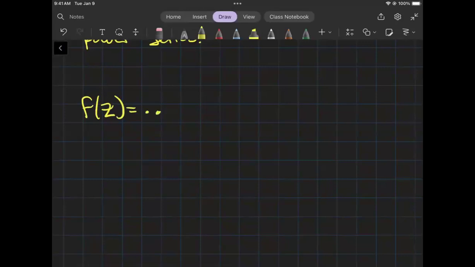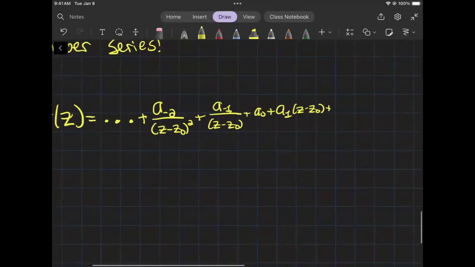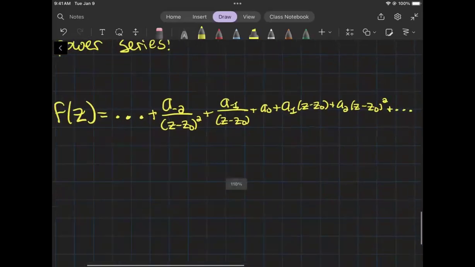So you're going to express a series as infinite powers of exponents. So I'm going to write out the series like this: ... plus a_{-2}/(z - z naught)^2 plus a_{-1}/(z - z naught) plus a0 plus a1(z - z naught) plus a2(z - z naught)^2 plus, and this keeps going.